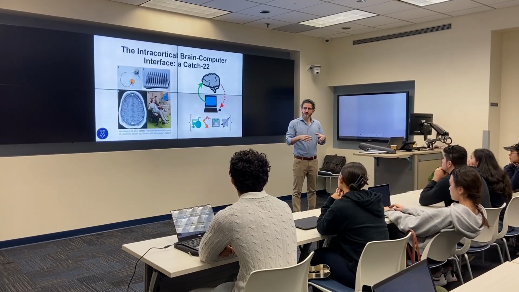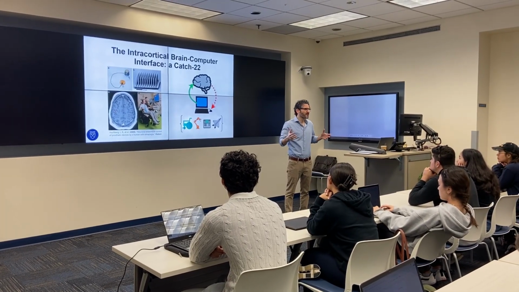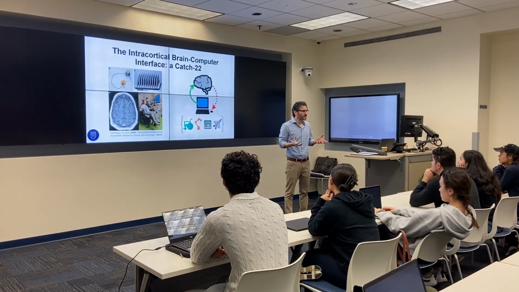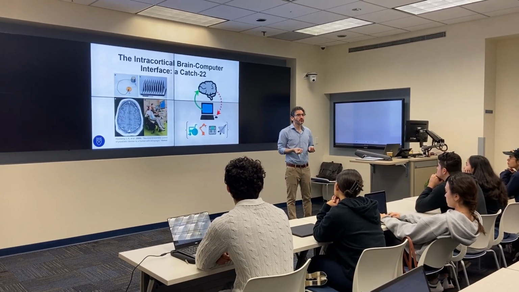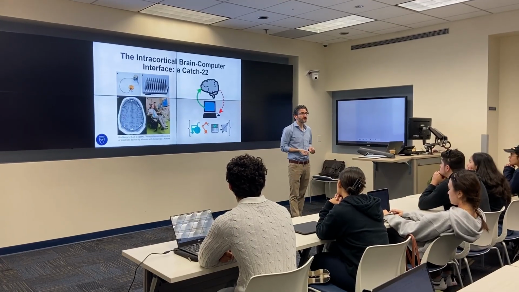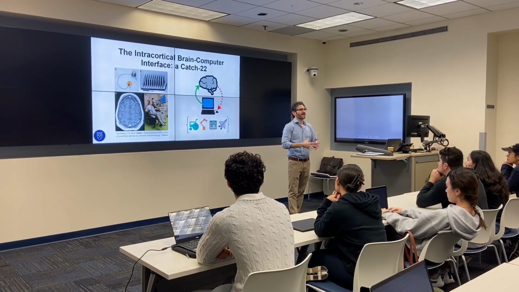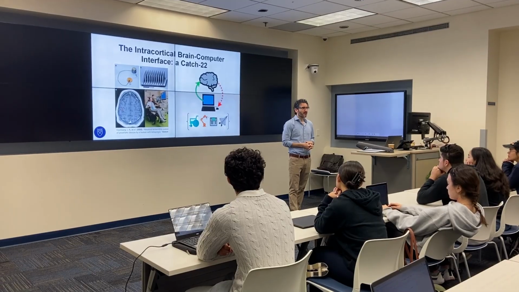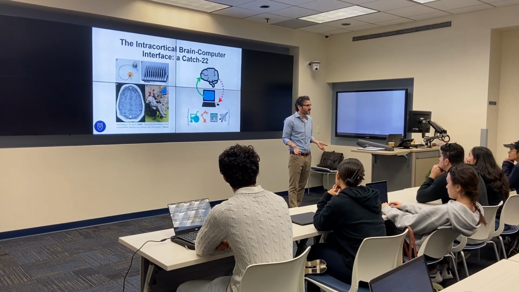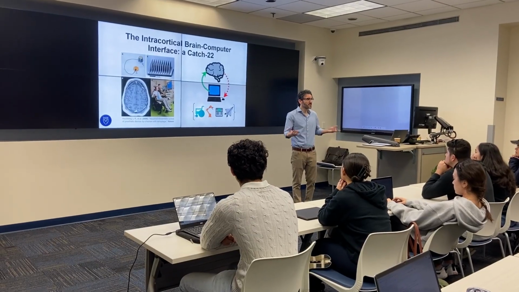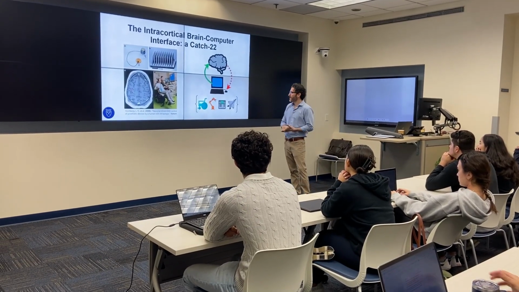And the goal is to record what the nerve cells are doing and guess in some rudimentary way what that person wants to do, and then we can make that happen for them. And in that way, they've got a lot more independence. They can do things they couldn't before because of their paralyzed body.